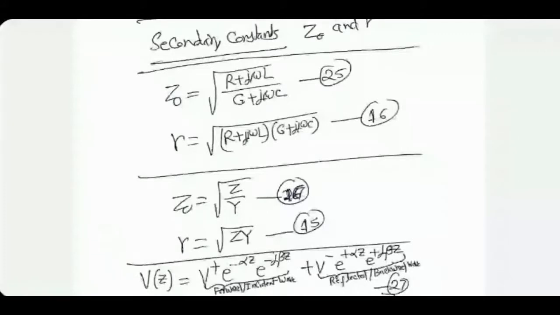Both real and imaginary parts of gamma will have unit per unit length. Real part actually is measured in Napier per meter, that is the attenuation constant, and imaginary part of gamma is measured in radian per meter, that is known as phase constant, beta. Gamma is alpha plus j beta in general.